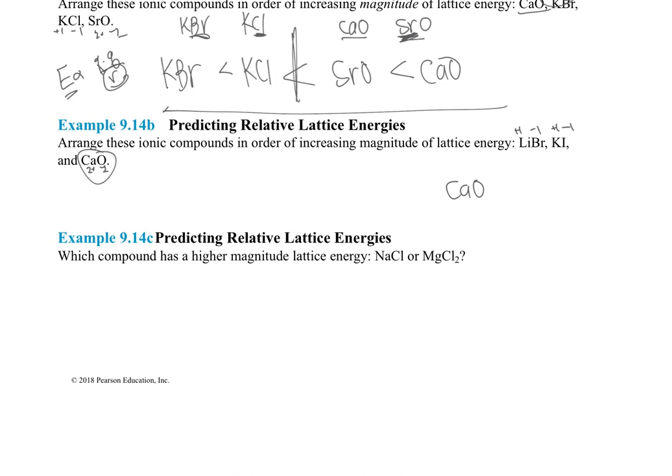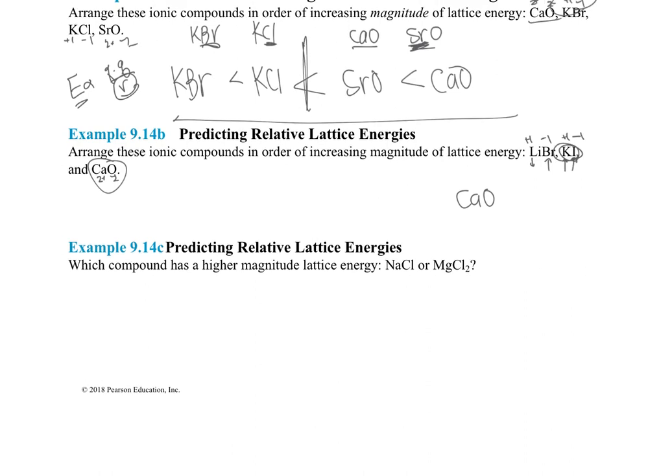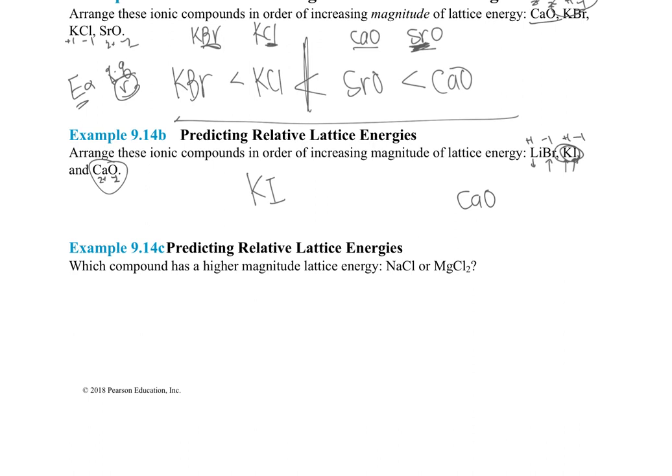Lithium is pretty small, bromide's really big. Potassium is quite large, and iodide's even larger than bromide. So knowing that, these ones are likely the furthest apart compared to the other ones. So I believe these will be the weakest because they have a really big radius. So we'll have potassium iodide and then lithium bromide.